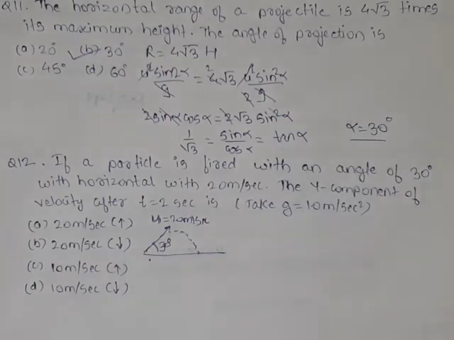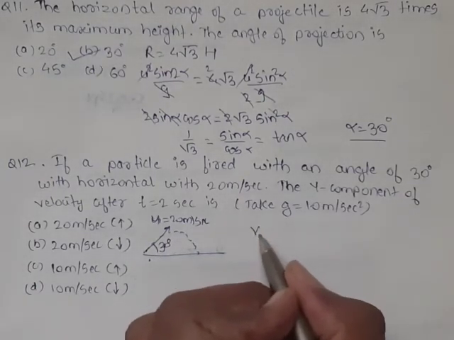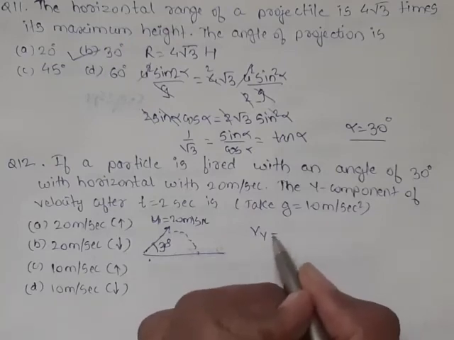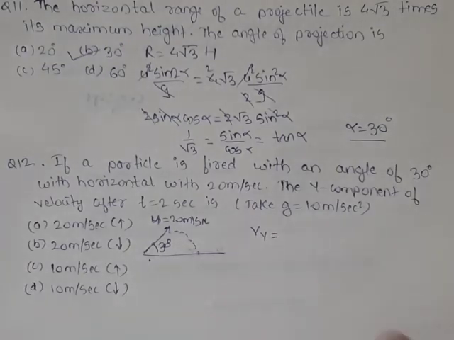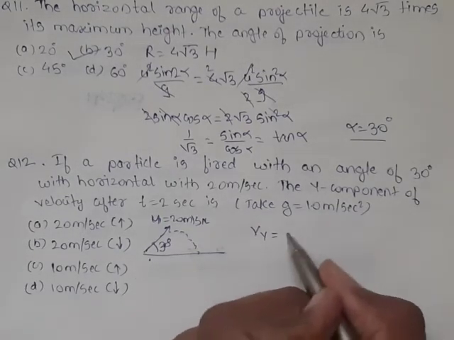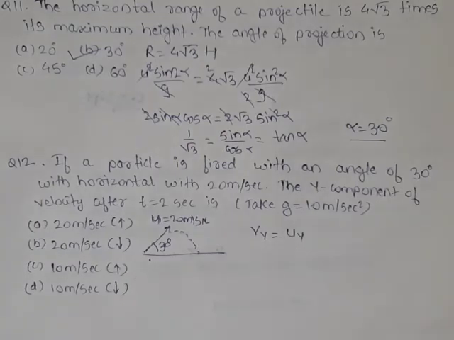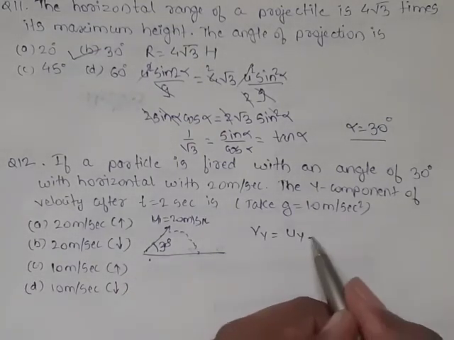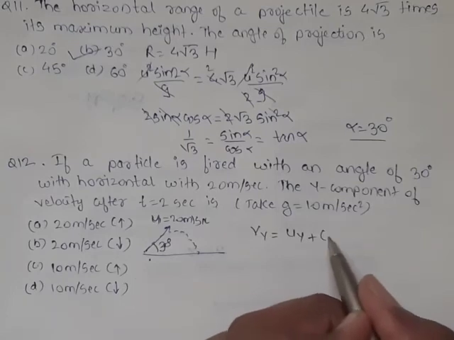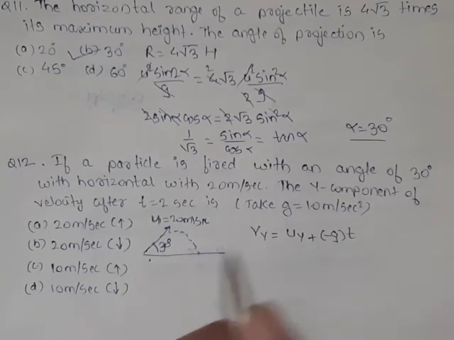So somewhere in the air its y component is asked. So here we know the formula v equals u plus at, which was our general kinematic equation. We are finding the y component of velocity. So vy equals the initial velocity in the y direction, uy, plus a, which is nothing but you have to write minus g into t.